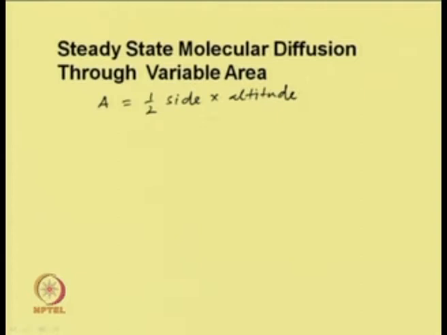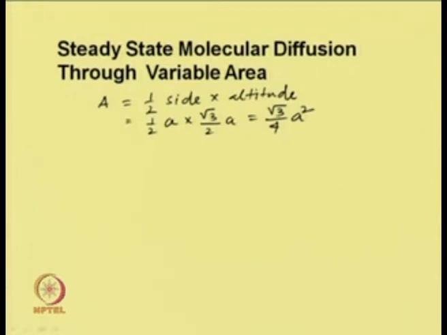So, which is equal to, if side is A, it will be A into height, which for an equilateral triangle will be root 3 by 2 A. So, it will be root 3 by 4 A square.